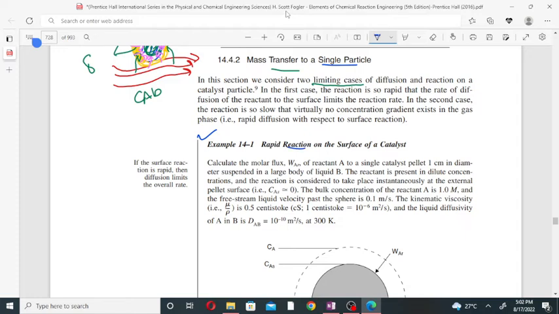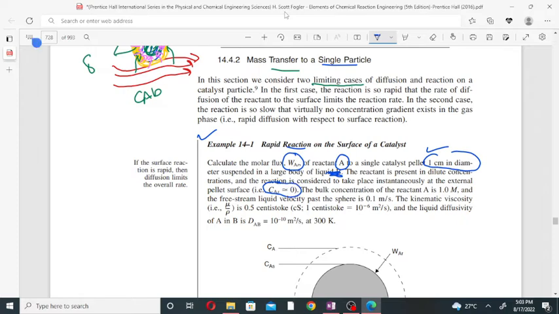Calculate the molar flux WAR of reactant A to a single catalyst pellet 1 cm in diameter, suspended in a large body of liquid B. The reactant is component A and the liquid is component B. The reactant is present in dilute concentration and the reaction is considered to take place instantaneously at the external surface of the pellet, so the concentration of component A at the surface of the catalyst is approximately 0.